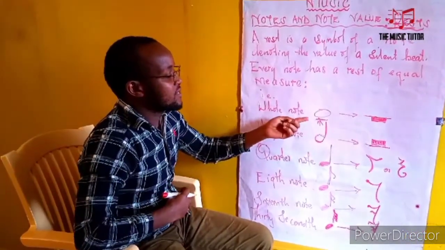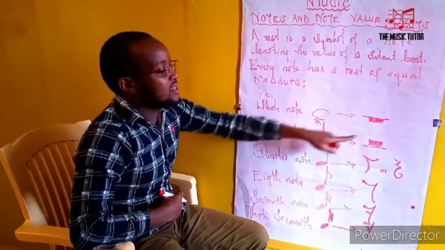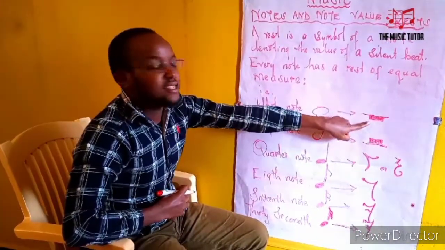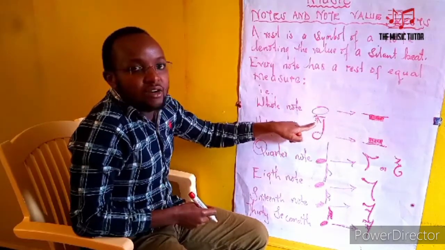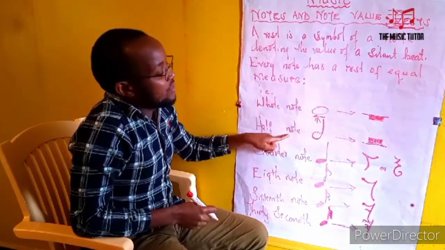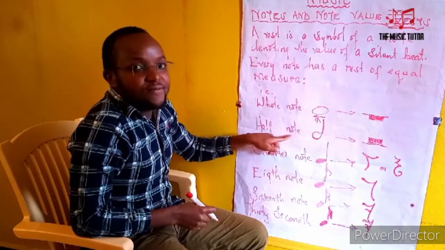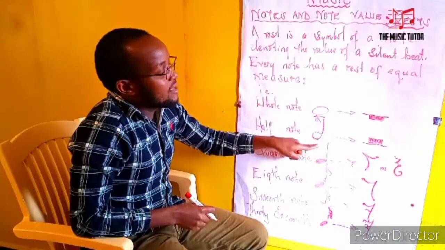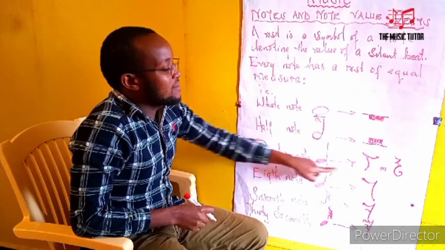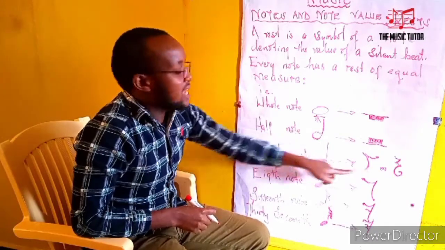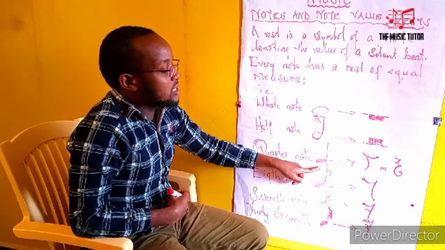Meaning, the rest of a semi-breve carries the same value of silence as the beat of a semi-breve. The half note carries the same value of silence as the beat of a minim. The quarter note carries the same silence as the value of a crochet beat.